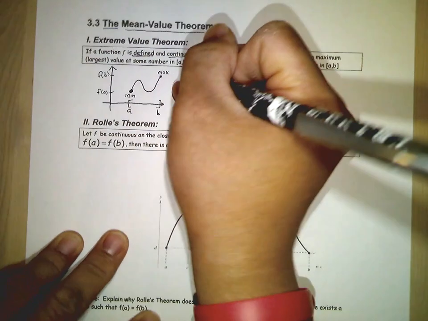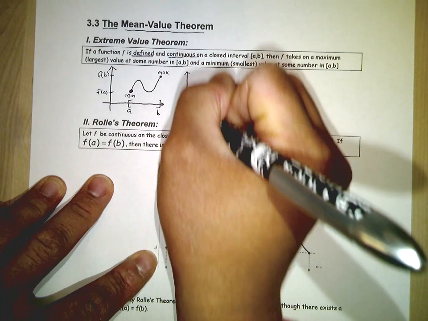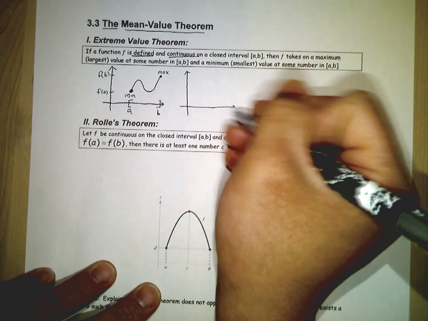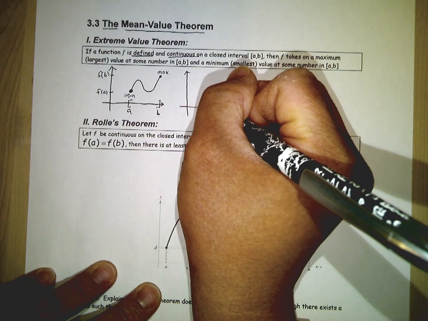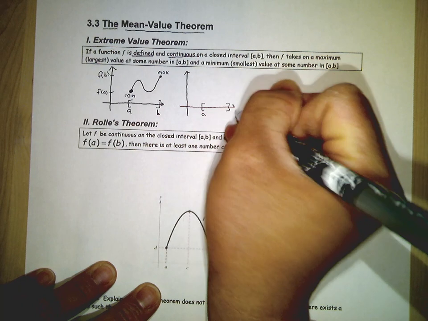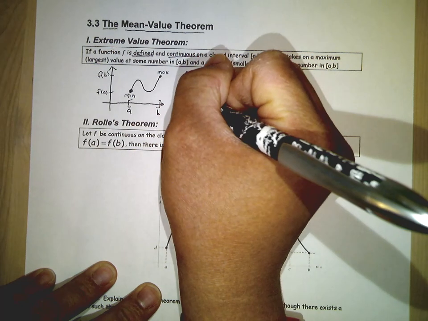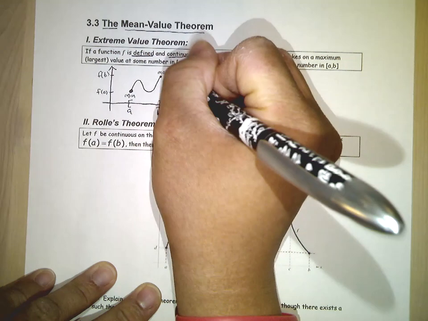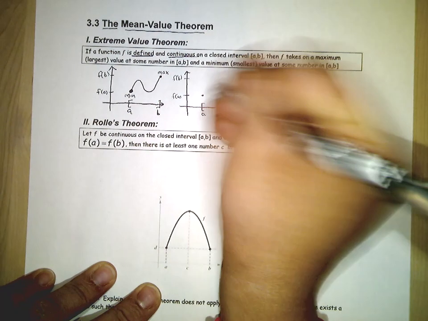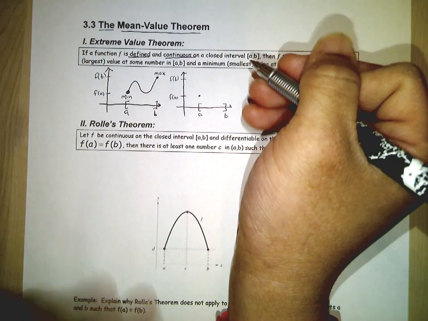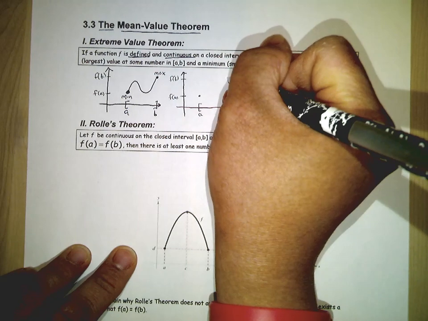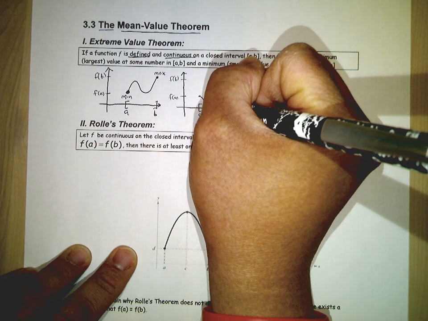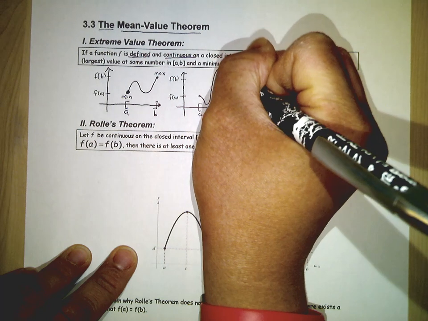All right, now let's say that you have something where maybe A is here, and B is here, and this is f of A, and this is f of B. Here's something else that could happen, right? So the maximum and minimum don't necessarily have to be at those endpoints, but it could be down, and then up, and then back down.